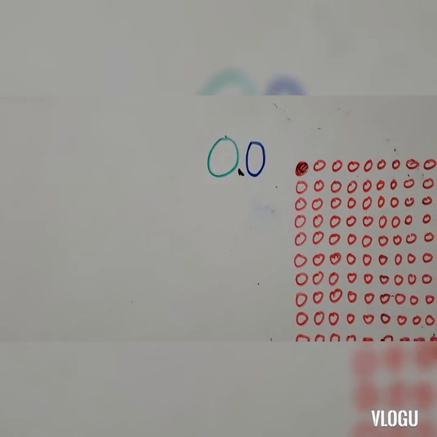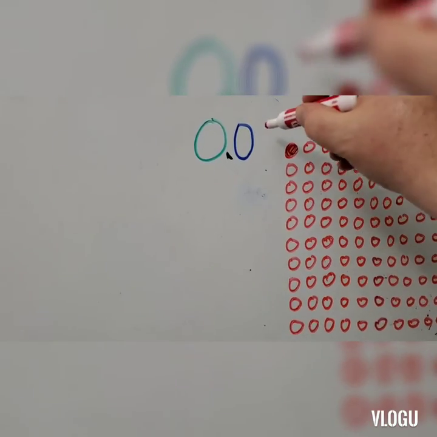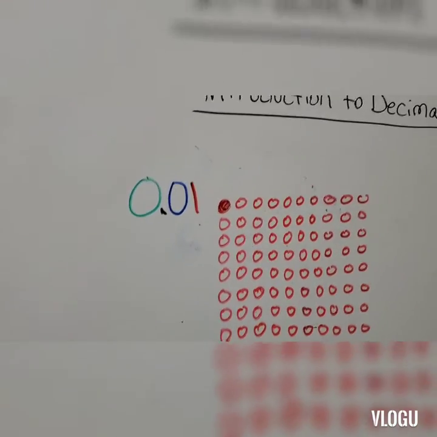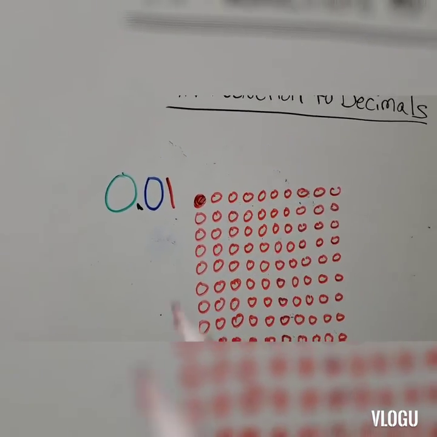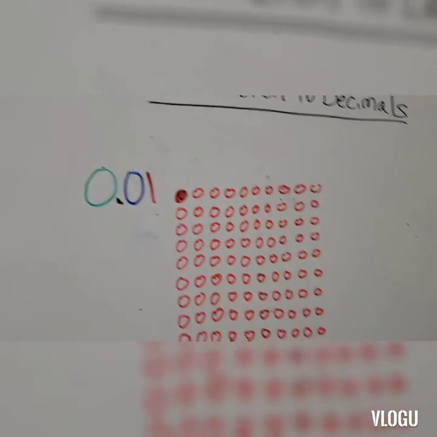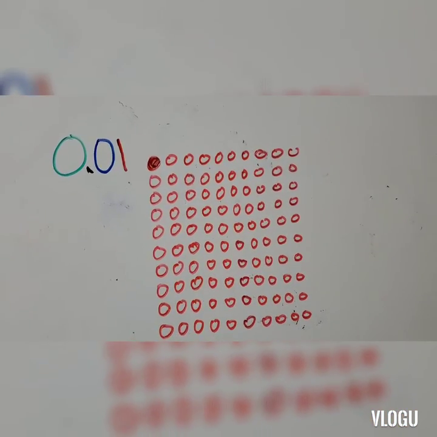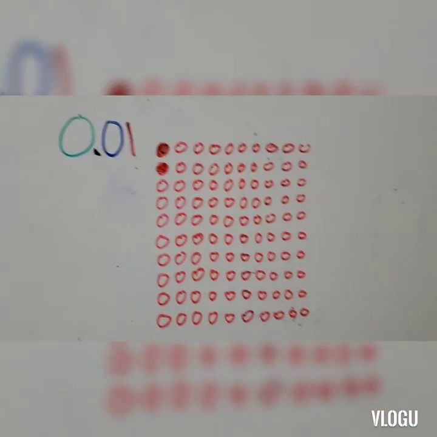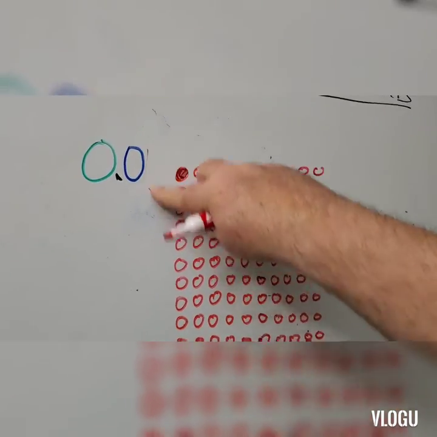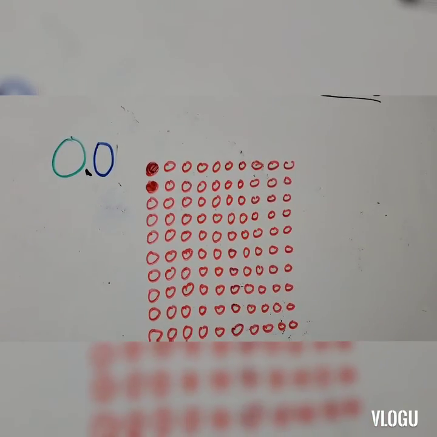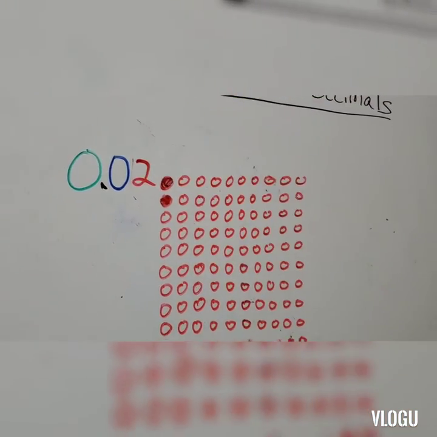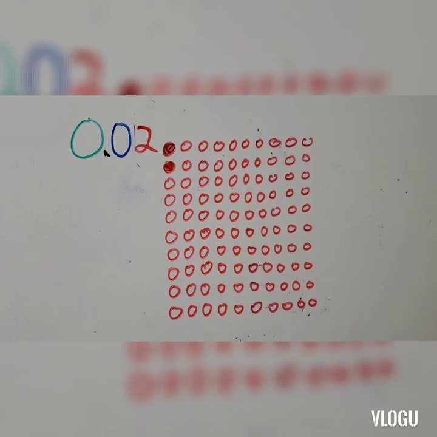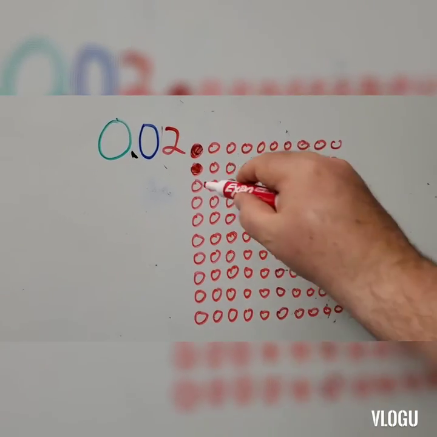If I colored one, it's written like that. 0 and 1/100th. If I have 2, it would be 0 and 2/100ths colored.